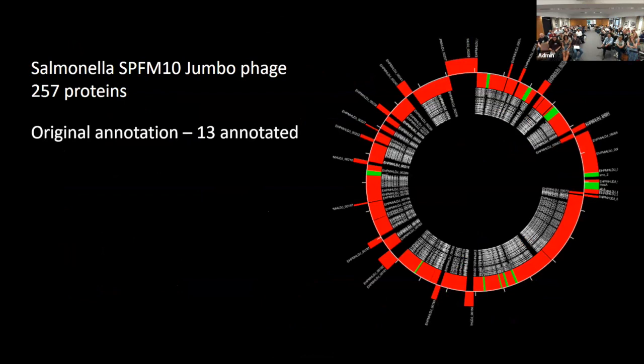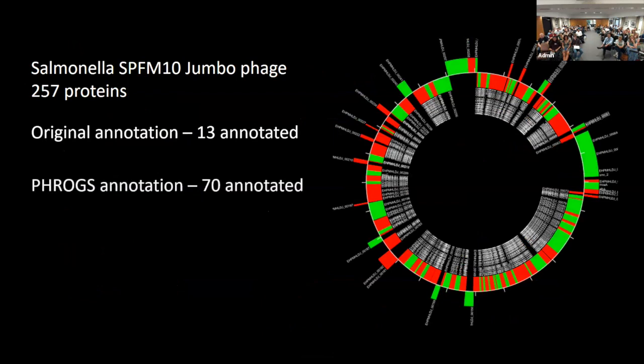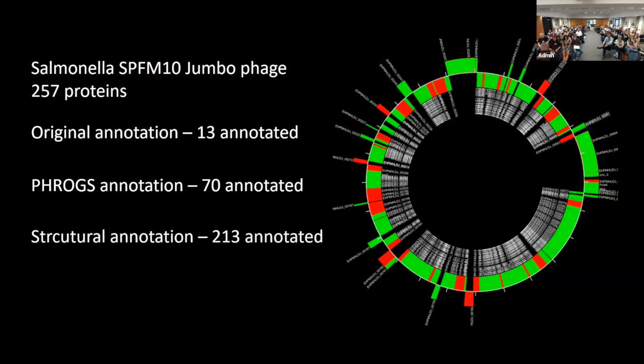If you run PROCS, the protein Markov models, which is one of the tools, you can see we get a little bit better. We get 70 proteins allocated. If you jump into structure space, can you do a little better? You can. For this Jumbo phage, we can jump from 13 or 70 up to 213 proteins annotated.